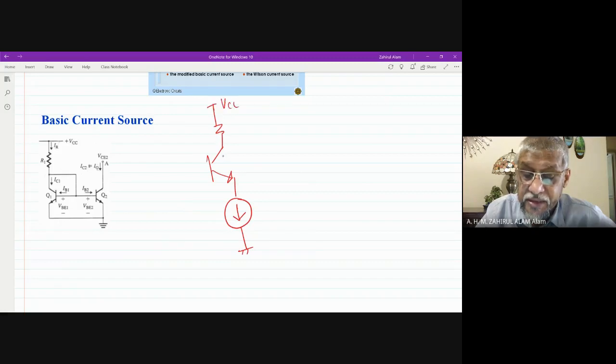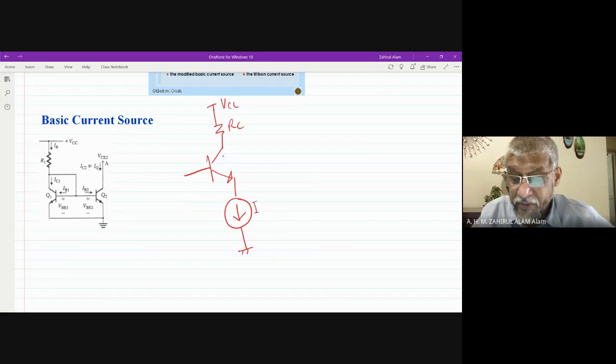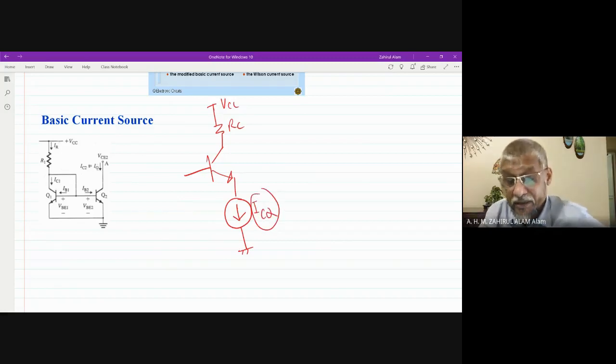So with VCC, if we apply a current source, this current source will provide us this biasing current.